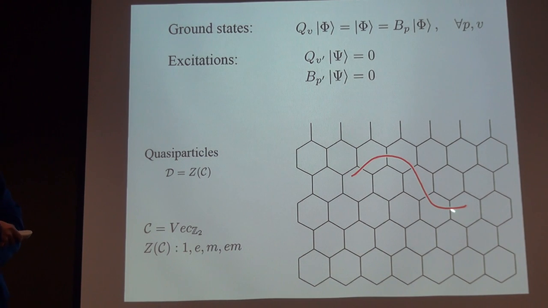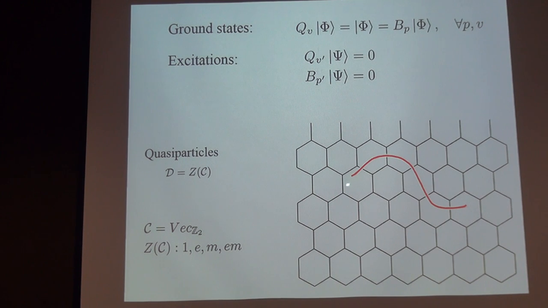What's the meaning of this string? From the ground states, we can generate an excitation by a quasi-particle creation operator. When we create a pair of quasi-particles, we can move them, and they can go far away from each other.